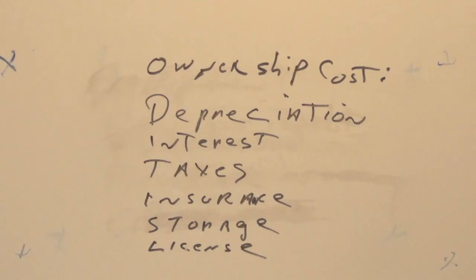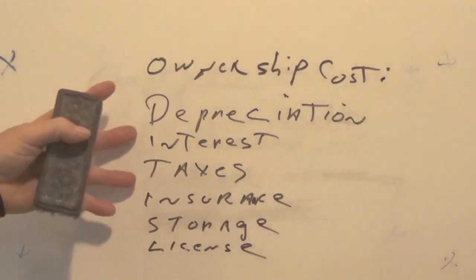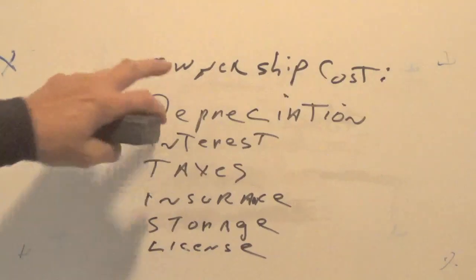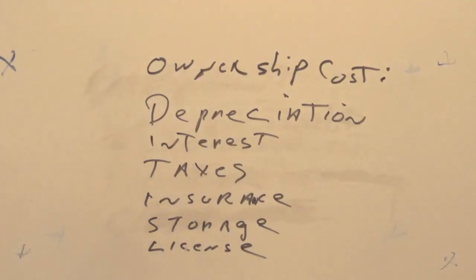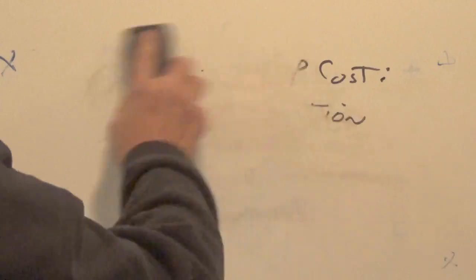Because of that, these things are best calculated by the time value of money method. I'll get to that, but this is how you calculate what the ownership cost is, by using this information in conjunction with the time value of money. It's involved, but anyway, we'll let that go for now.